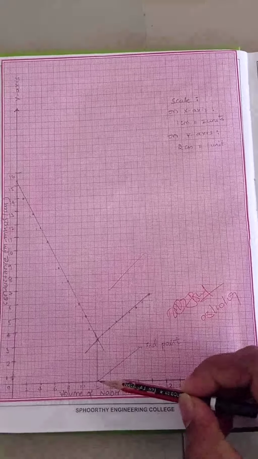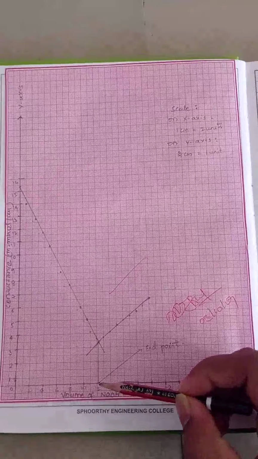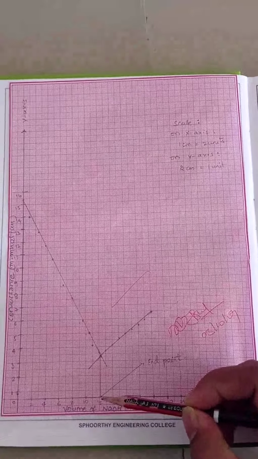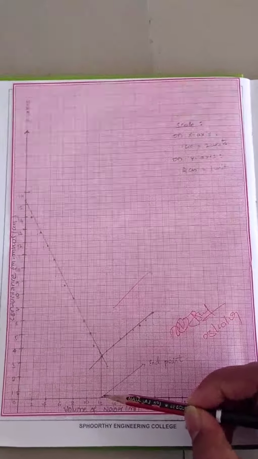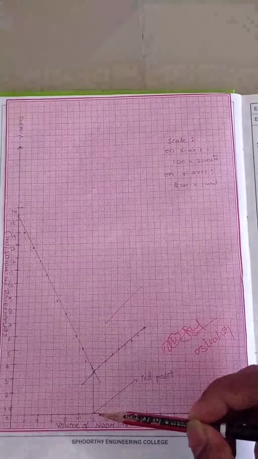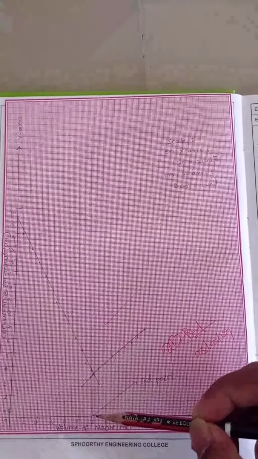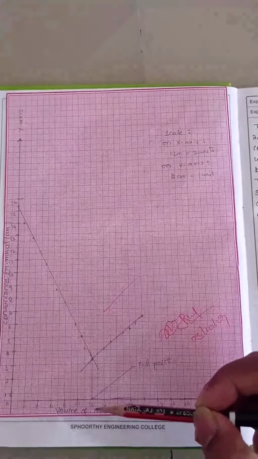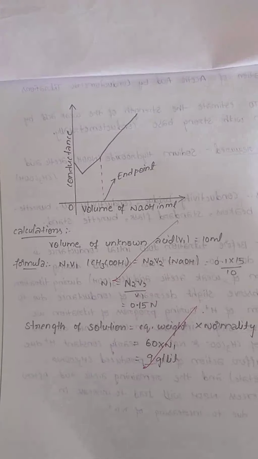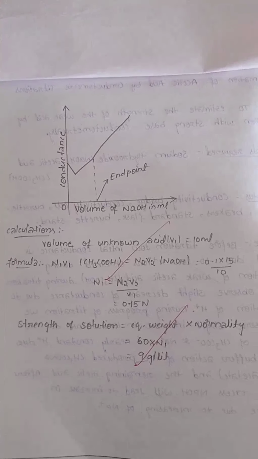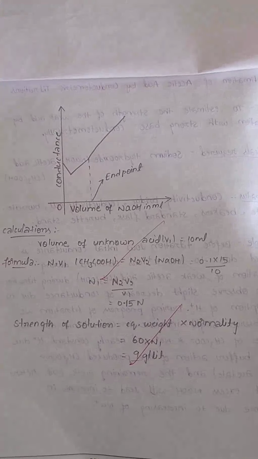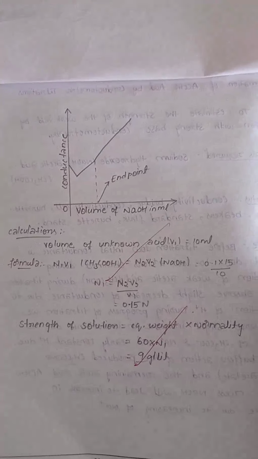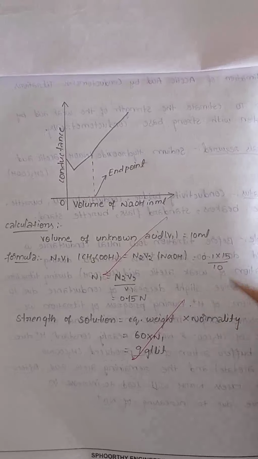That point we take as the volume of NaOH required to neutralize the H plus ions present in the unknown sample. By using this volume, we can use the formula N1V1 = N2V2. By substituting all these values into the equation, you can get the concentration of the HCl solution.